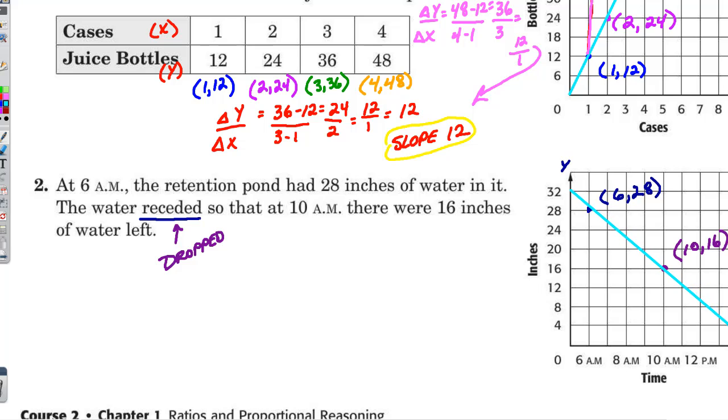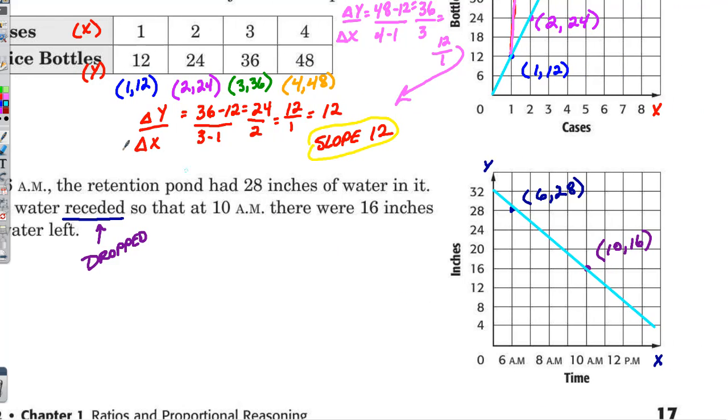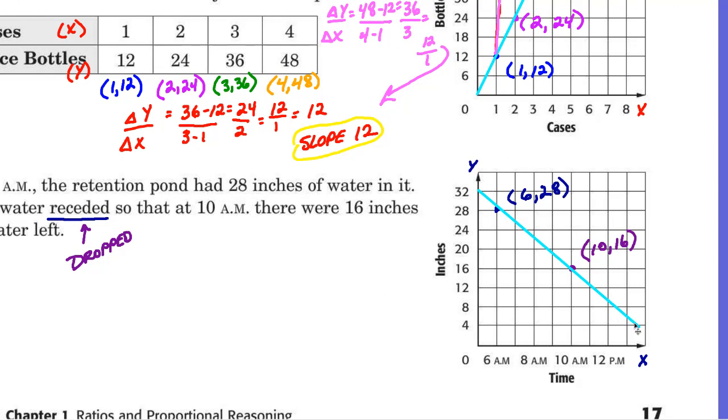So we can go down through this. Take my line all the way down to here. I don't need to put an arrow on this because the water level can't get lower than no inches. Time can't get lower than no time. So I don't need to worry about an arrow at the end of that line.